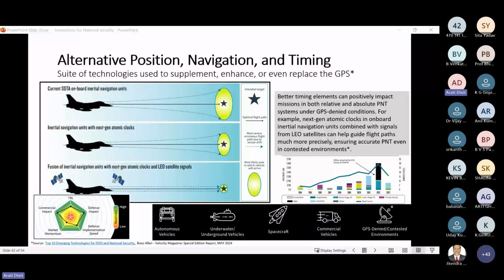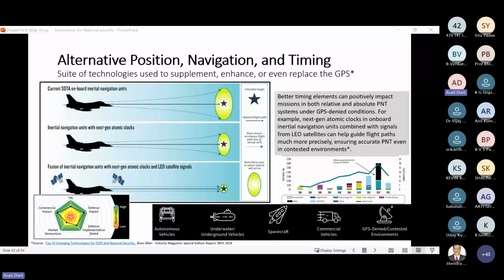And on your left here in the figure, you see that better timing elements can definitely positively impact missions in both relative and absolute PNT. PNT is used for position, navigation, and timing here, and systems under GPS-denied conditions.